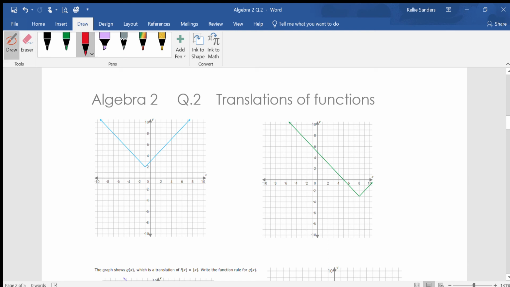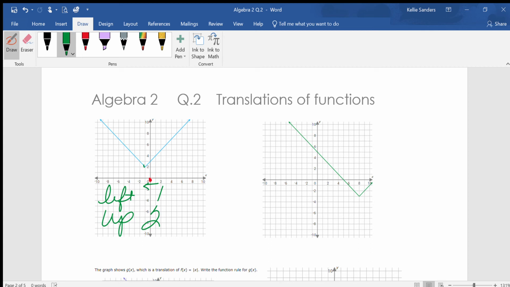So now I'm not going to graph or draw the graphs of absolute value of x anymore, but let's just know that it would always start at 0, 0. So what would we do to be able to get to this? Well, we would go to the left 1 and we go up 2, right?